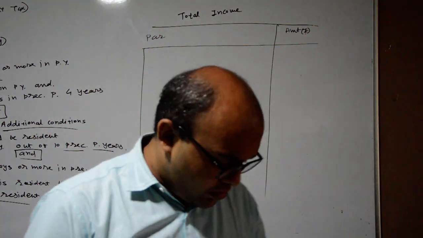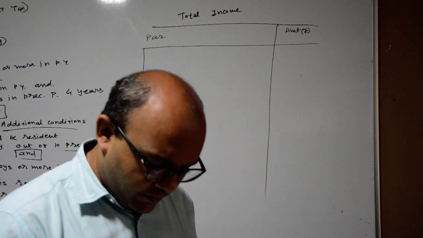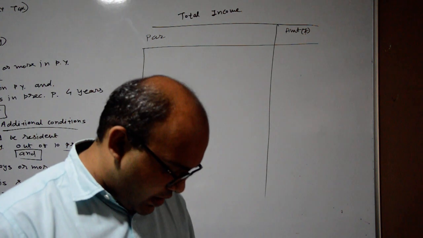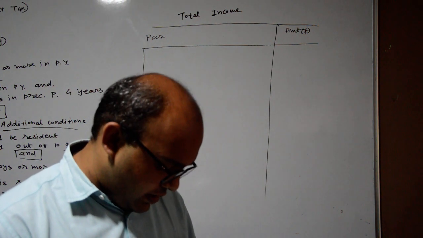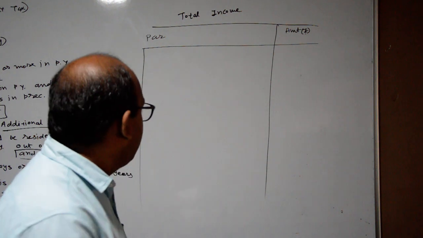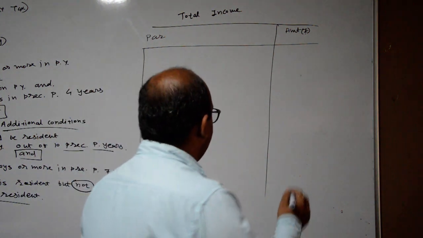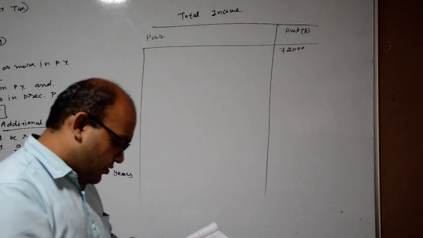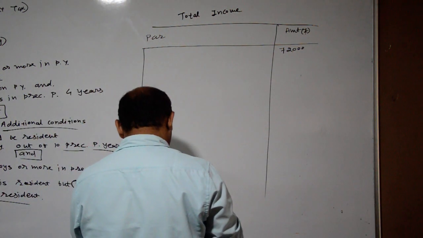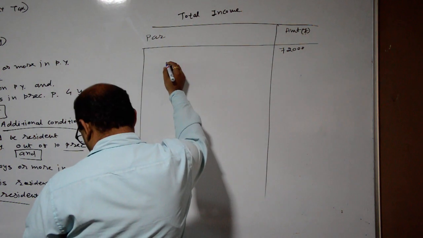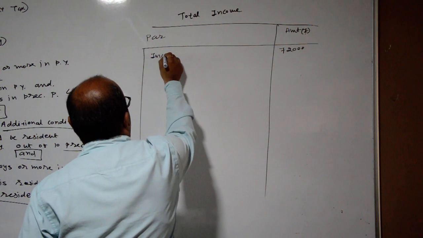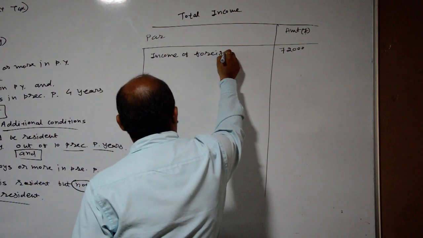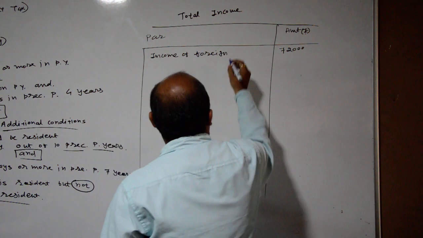Out of 1,80,000 only 40% is received in India, so 72,000 will be taxable. So first write it down here in particulars: interest on foreign securities.